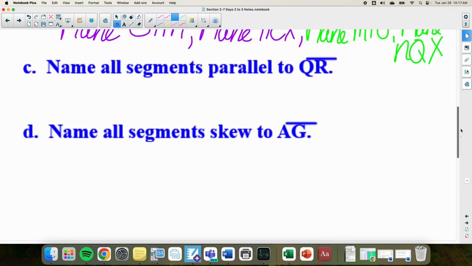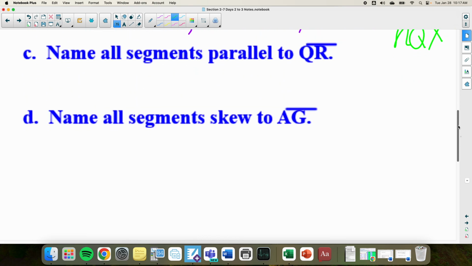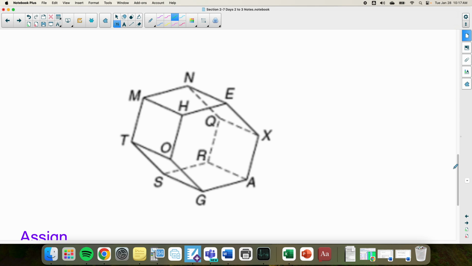All right. Now, it says name all segments parallel to QR. What's one? Yep. Do you see how this one's kind of going in that way and this one's kind of going, so they're going at different directions. There are two more though. NQ.